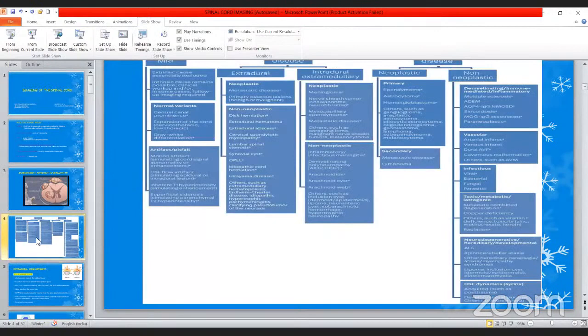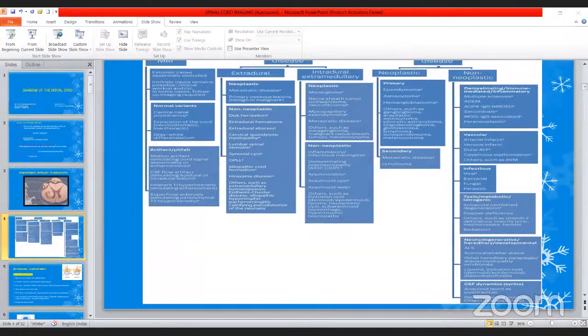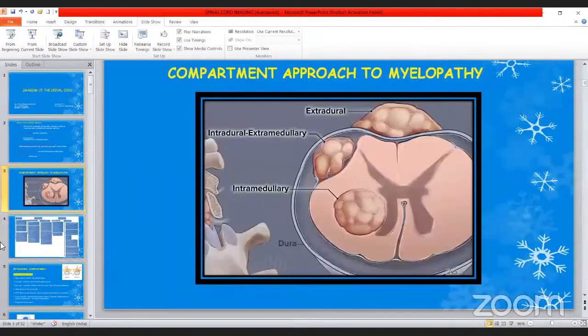Yeah, that way it is changing. Go to slide 3. So you keep clicking the left panel and we are able to see the slide that you have clicked.